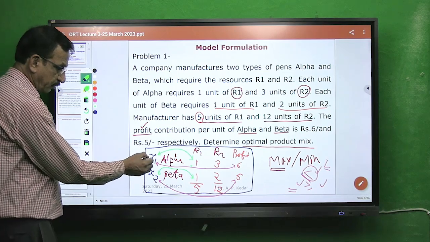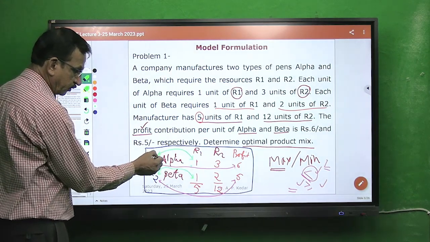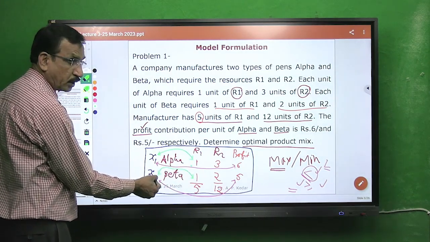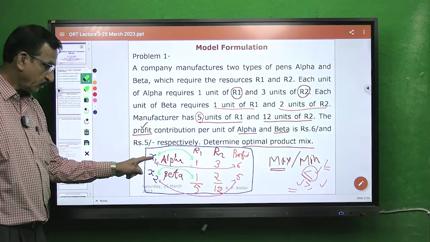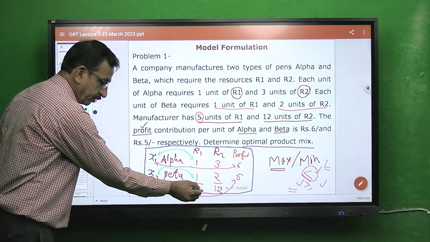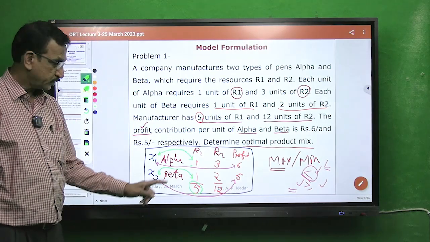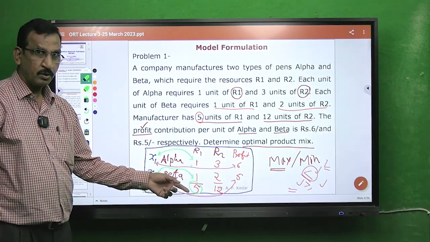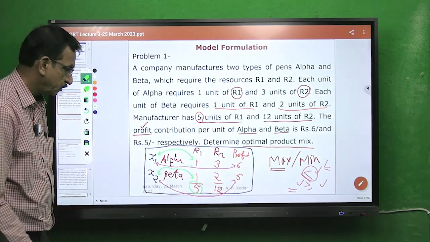So the equation will become now 1 into x1 is x1, 1 into x2 is x2. So x1 plus x2, maximum availability is 5, x1 plus x2 less than equal to 5.